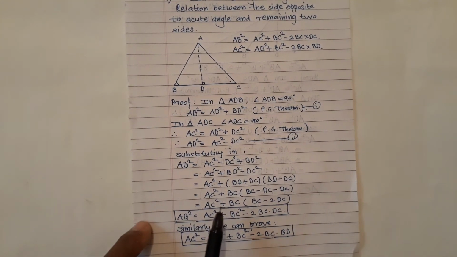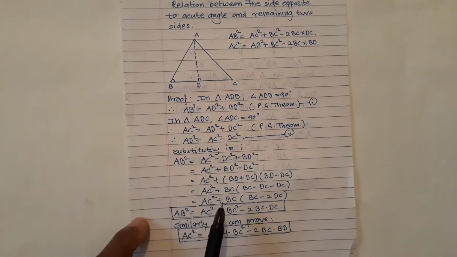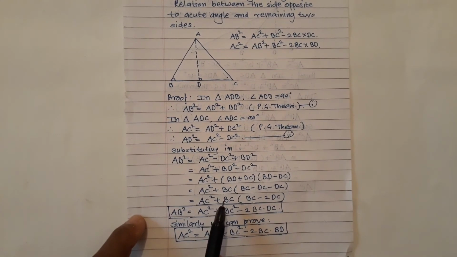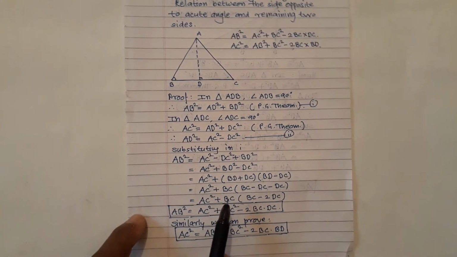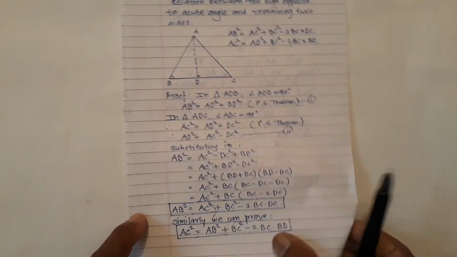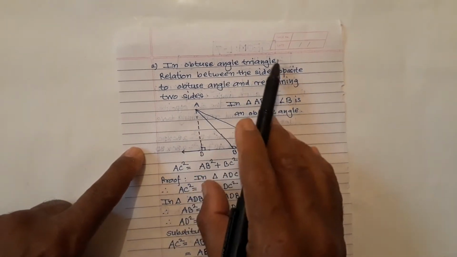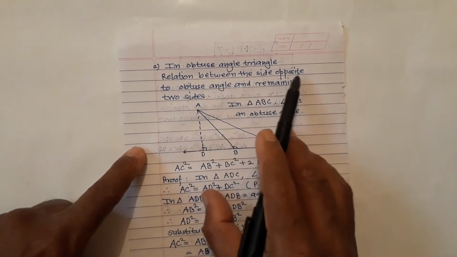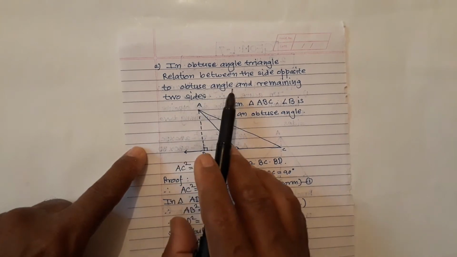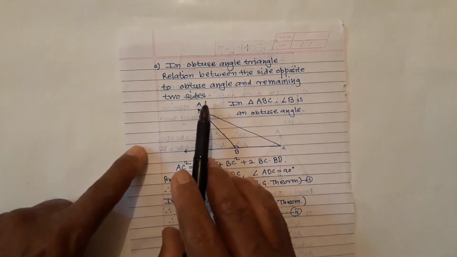because if you know this property you can overcome very difficult question in very short steps. Okay. Similarly, I explain you in obtuse angle triangle. In obtuse angle triangle, relation between the side opposite to obtuse angle and remaining two sides.